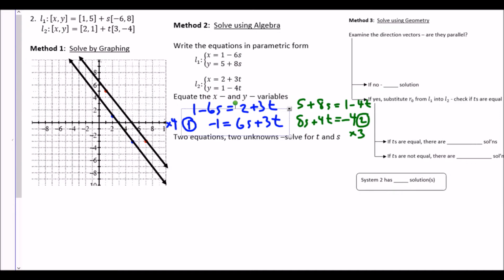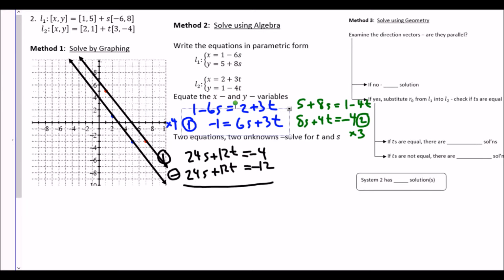So equation 1 multiplied by 4 gives 24s plus 12t equals negative 4. My equation 2 multiplied by 3 gives 24s plus 12t is equal to negative 12. So I'm going to subtract.